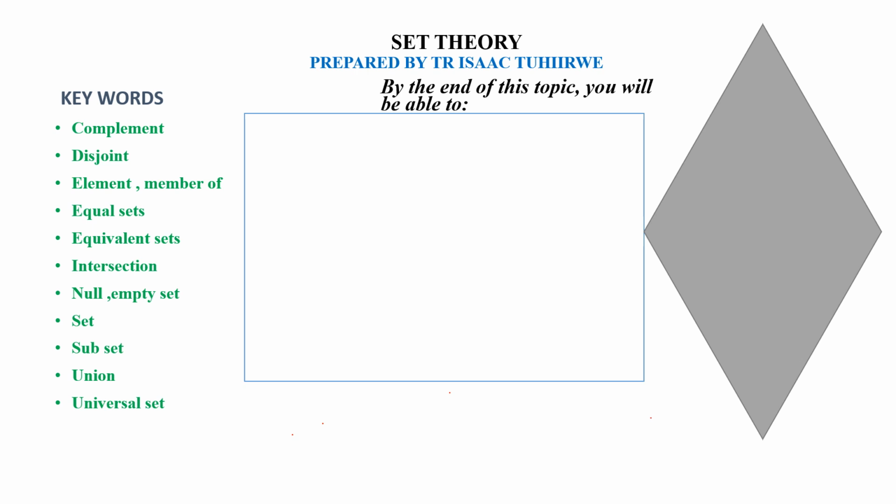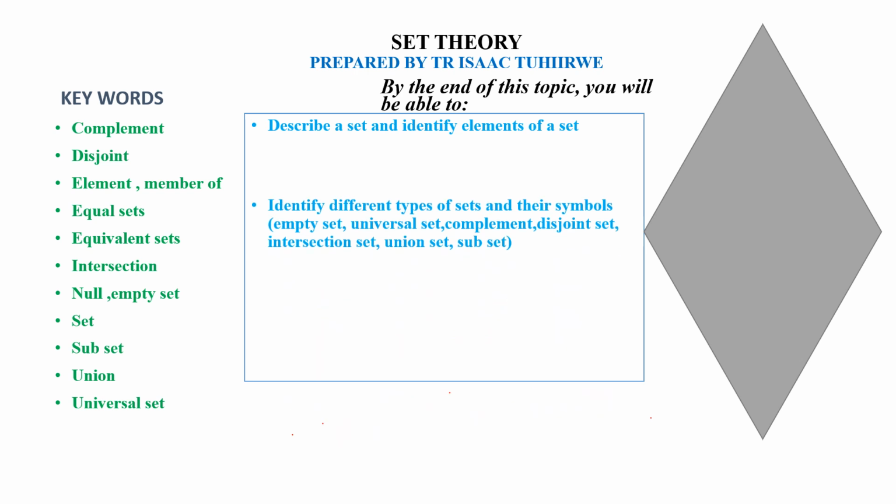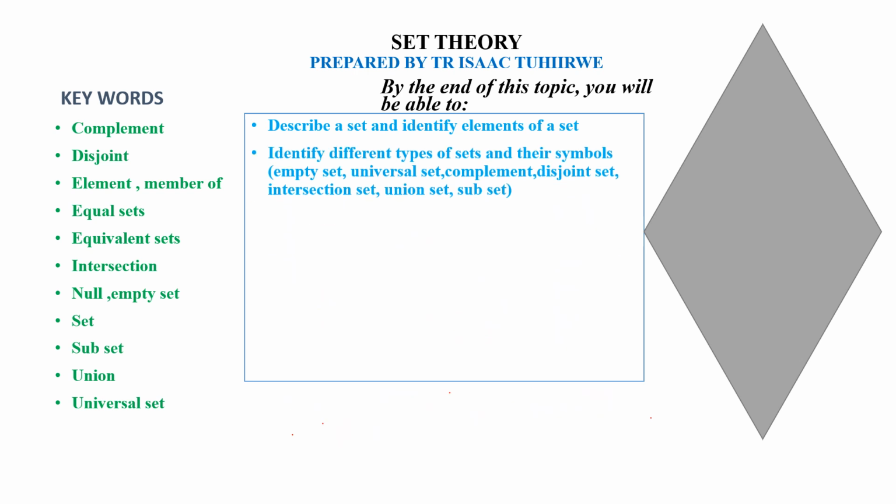Then by the end of this topic, learners should be able to at least describe a set and identify the elements in that set. Then also identify different types of sets and their symbols: empty set, universal set, complement set, disjoint set, intersection set, union set, and then subset.